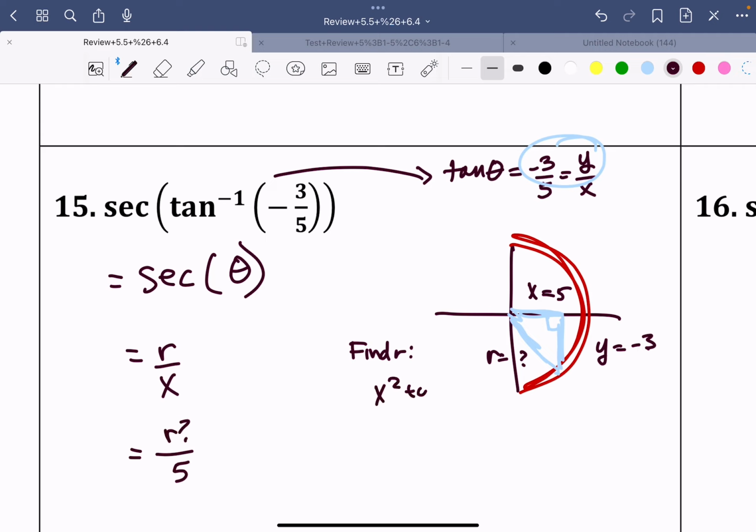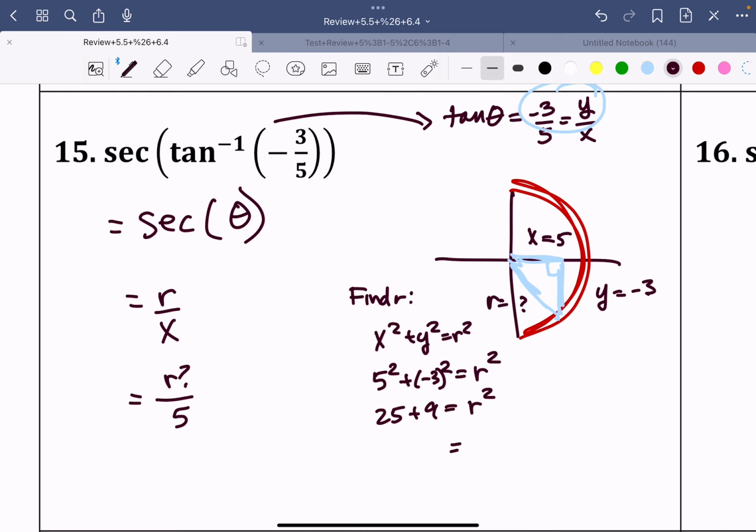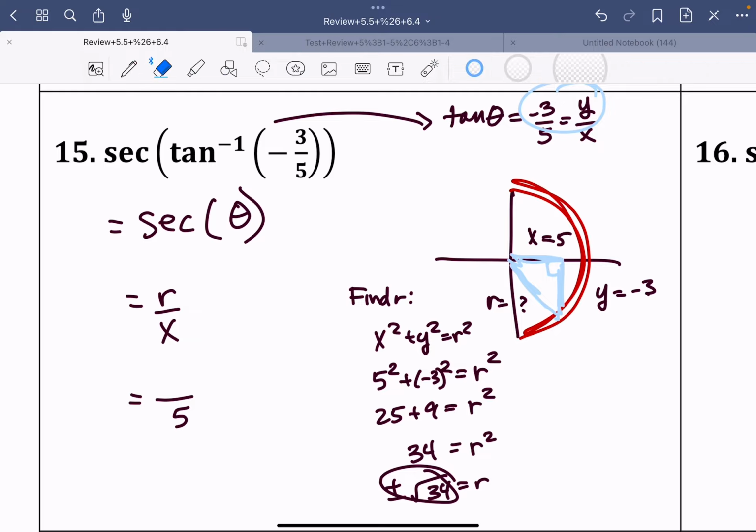So x squared plus y squared equals r squared. 5 squared plus negative 3 squared is equal to r squared. So 25 plus 9 is equal to r squared, right? So that's what? 34, is that right? So r is going to be the square root of 34. Plus or minus, we know it's always plus. So this is the square root of 34 over 5.